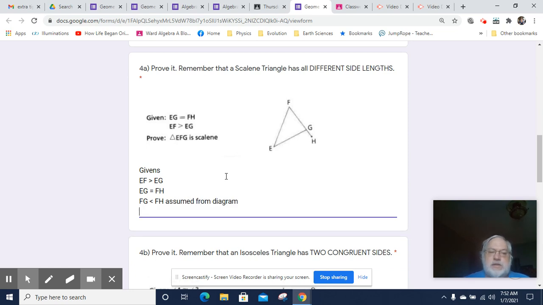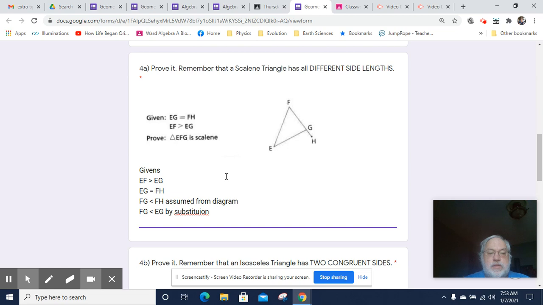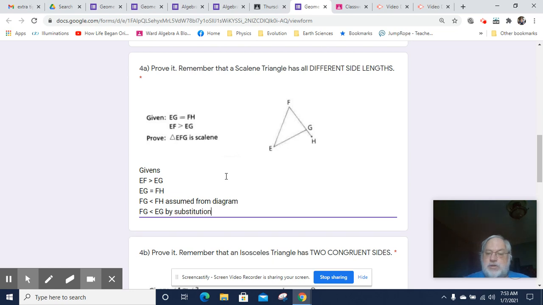And then because of that, we can now say that FG is less than EG by substitution.